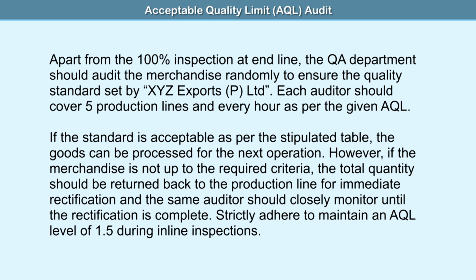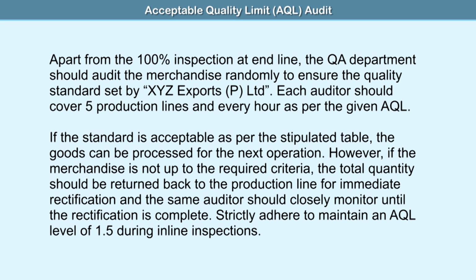Each auditor should cover 5 production lines and every hour as per the given acceptable quality level. If the standard is acceptable as per the stipulated table, the goods can be processed for the next operation.